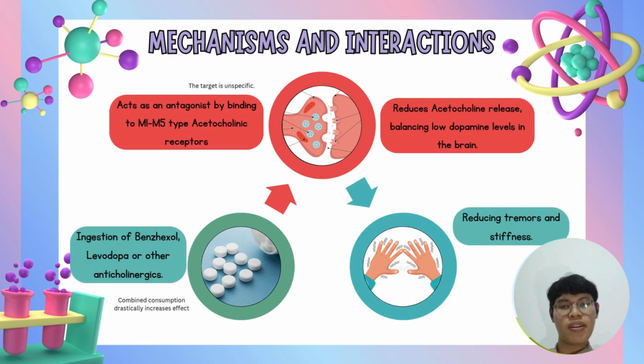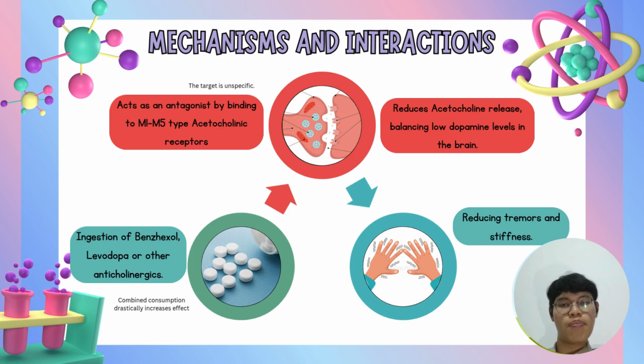Next, I'll be explaining the mechanisms and interactions of Benzhexol when ingested into the human body. Benzhexol, usually prescribed as tablets or syrups, but most commonly as tablets, is ingested alongside levodopa or other anticholinergics. Combined with other anticholinergics, it can greatly increase the effects that it has on the central nervous system.